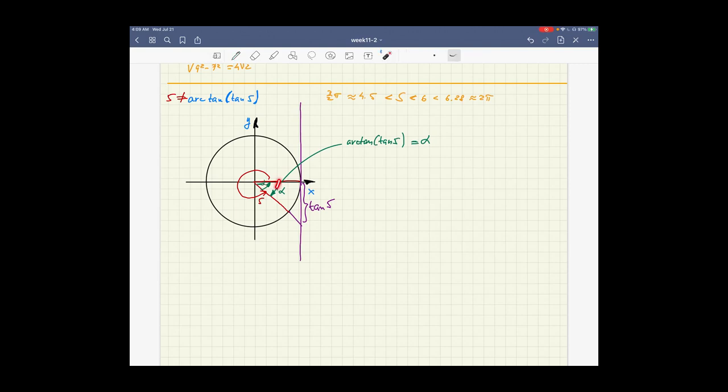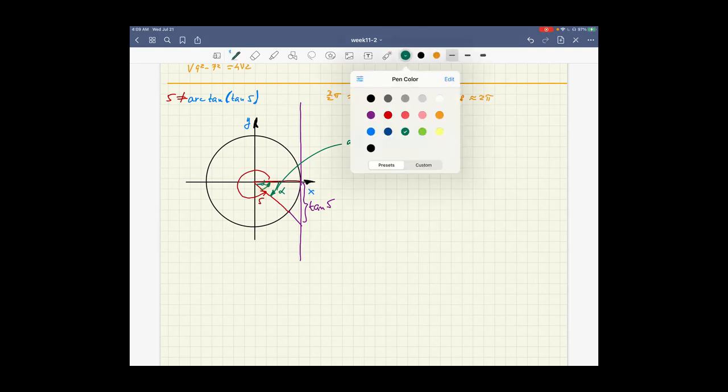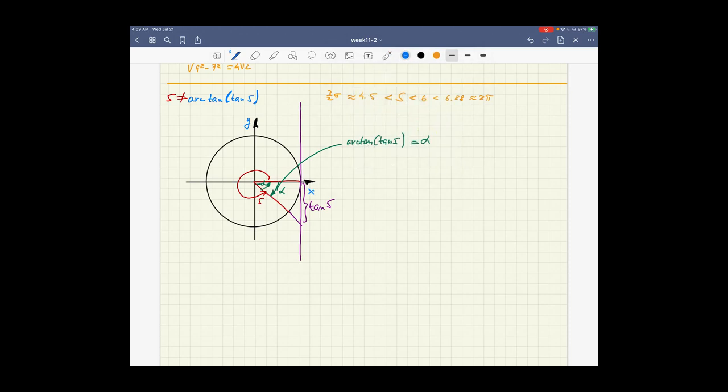Note that alpha is in the clockwise direction. Negative alpha is in the counterclockwise direction. So it's clear that if I combine the turn by an angle of 5 and a turn by an angle of negative alpha, which is again in the counterclockwise direction, I get a full revolution of 2 pi.